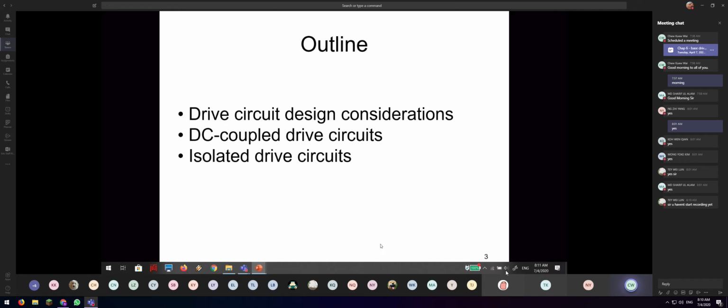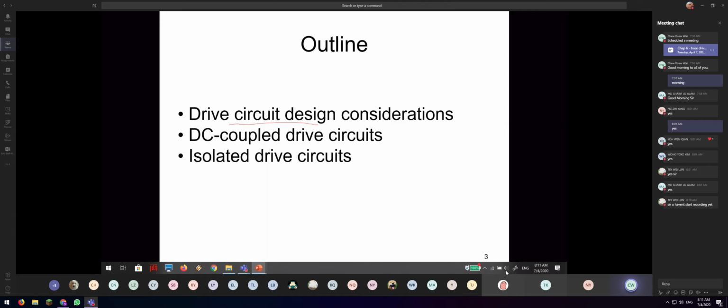In this chapter, we will cover the drive circuit design considerations. We will consider what components are needed when we design the base drive circuit, such as the energy stored inside the capacitor and how to remove it, for example. Then the reverse recovery time and reverse recovery charge inside the PN junction, and how to get rid of this disturbance in the base drive.